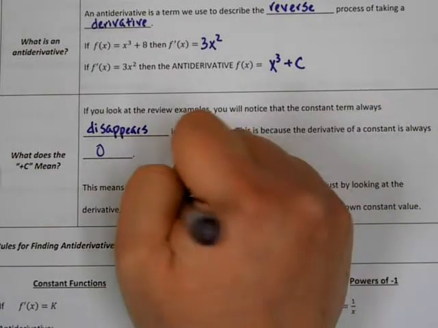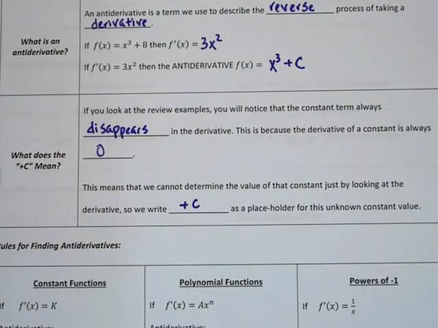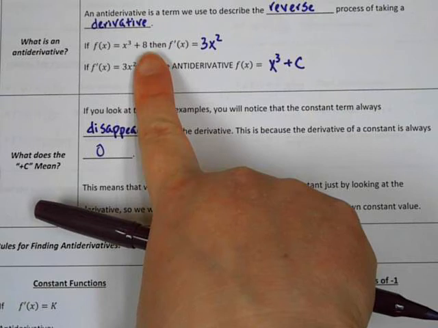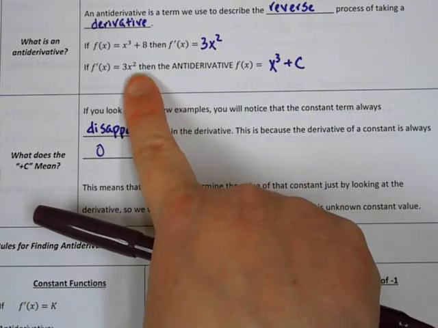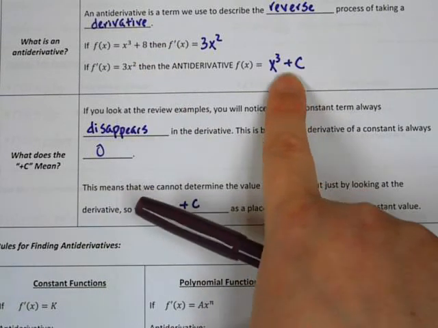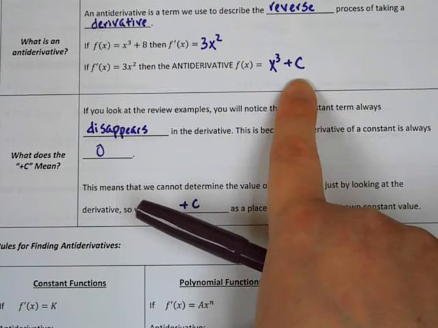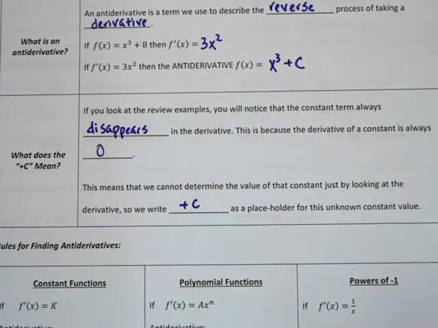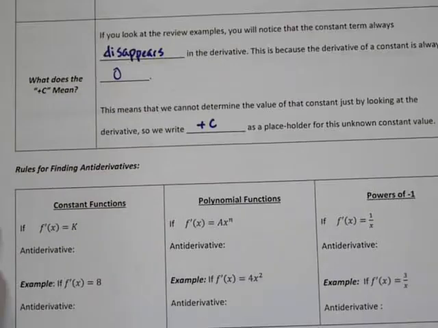So we write this plus c as a placeholder for the unknown constant value. When we took the derivative up here, this plus 8 disappeared. So when I'm taking the antiderivative, I need to acknowledge that there was a plus something there. All right, it's just that I can't figure out exactly what it is without more information. So this plus c is going to be super important when we take these antiderivatives.